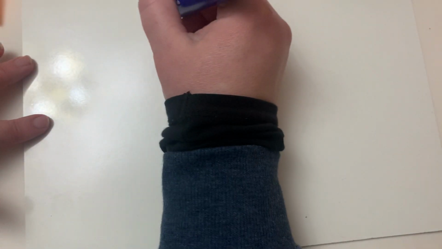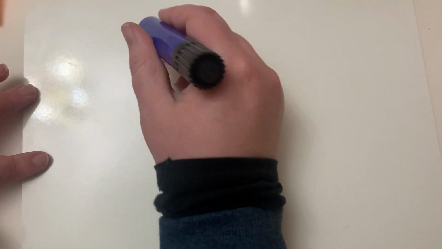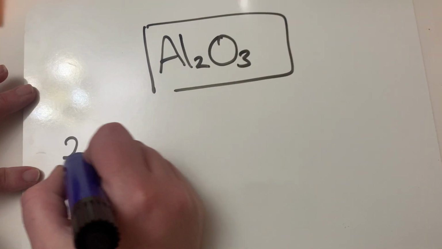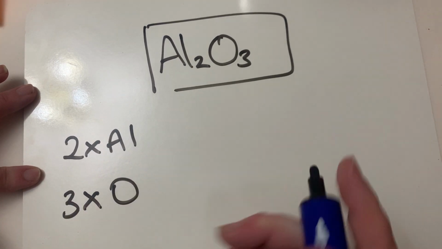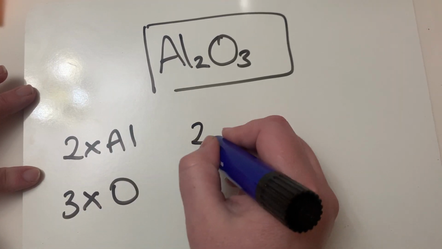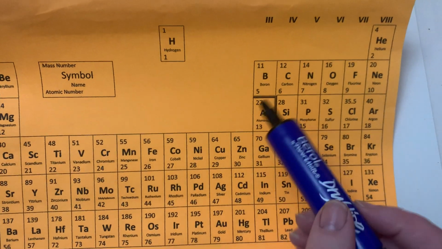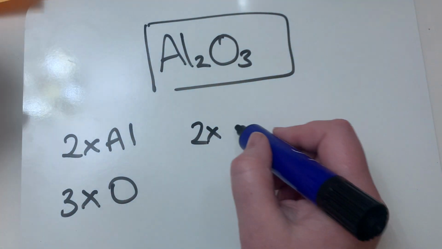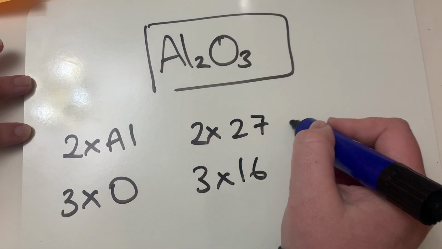The other example we looked at a minute ago was Al2O3, and I said that there was 2 times aluminium and 3 times oxygen. Again, the next step is to look at our relative atomic masses in the periodic table. For aluminium, it's 27. And for oxygen, we said that it was 16.